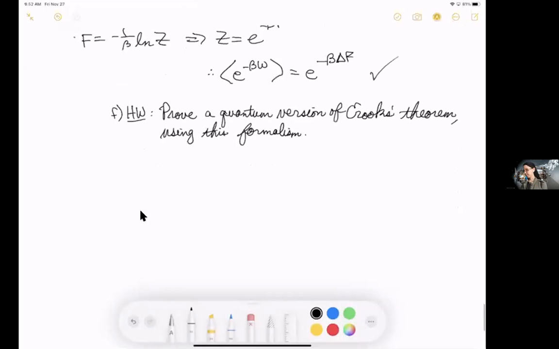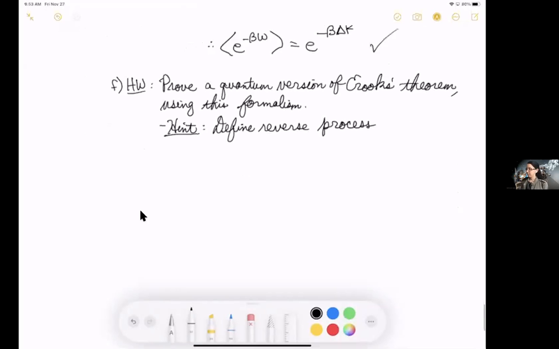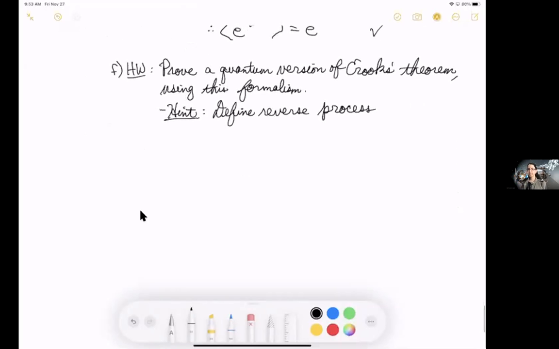In order to do that, we will need to define a reverse process. We've seen one way in which we can extend Jarzynski's equality, and we will see how we can extend Crooks' theorem to the quantum regime.